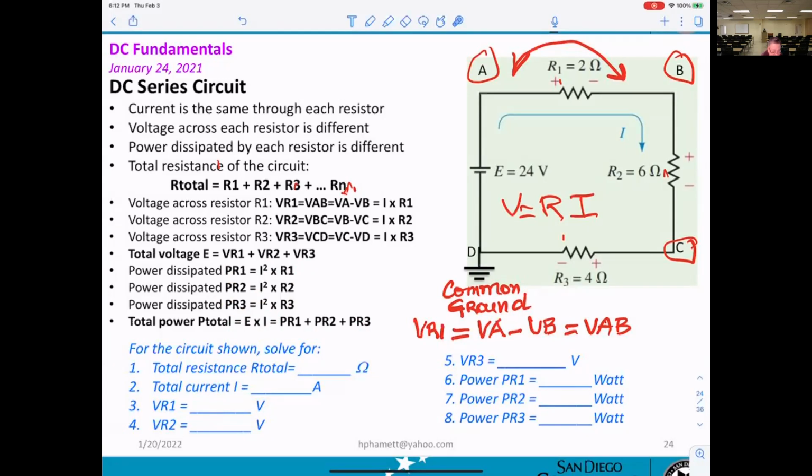Okay, so now quickly give me the answers for 1, 2, 3, 4, 5, 6, 7, 8. I try to get the right answer.